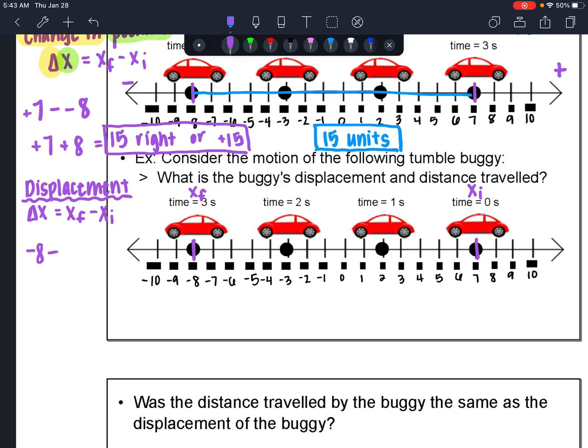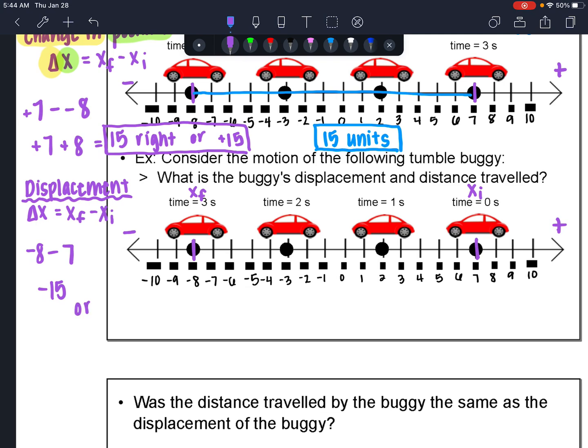So I'm going to take -8 and subtract 7. When I do this, I end up getting -15. Now you can see why a physicist might conveniently refer to directions as positive or negative, because my answer has already incorporated direction in for me. My displacement was -15 units, meaning it went 15 units in the negative direction.